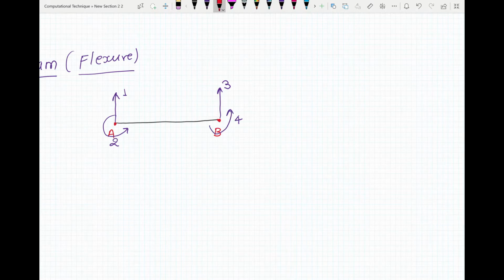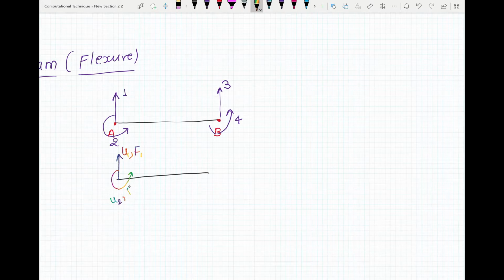Now your boundary conditions or loading conditions will occur at these nodes, which means that your forces and displacements will occur in these degrees of freedom. Let these be u1 and f1.